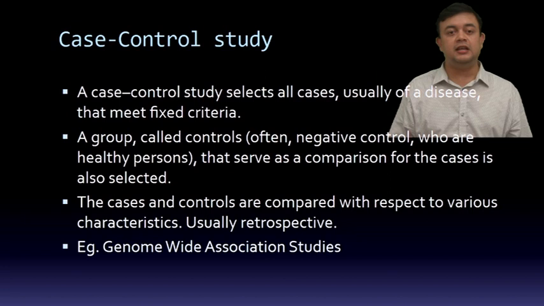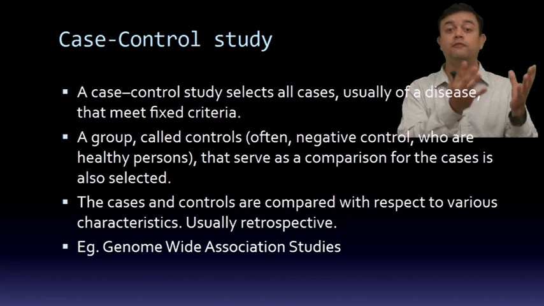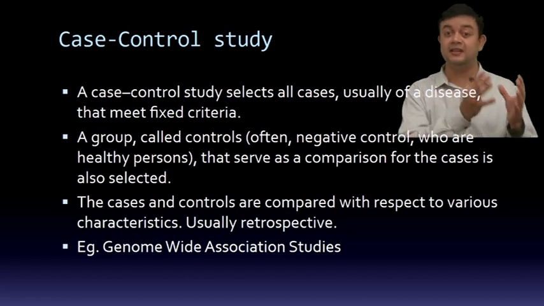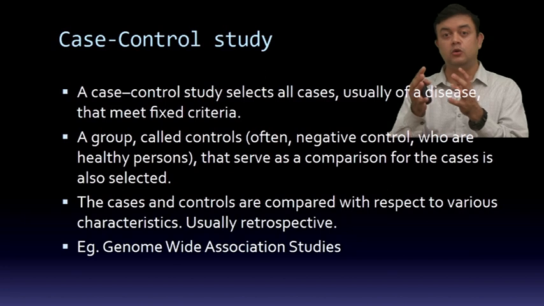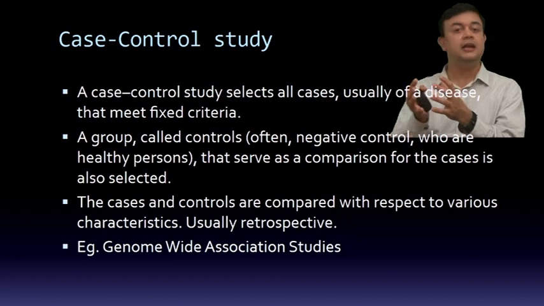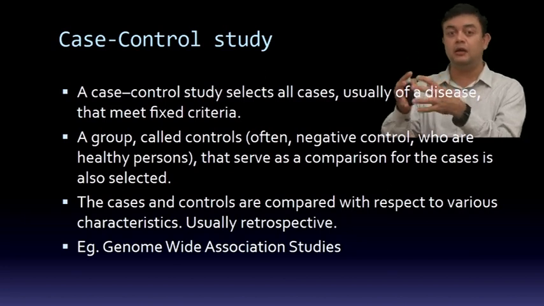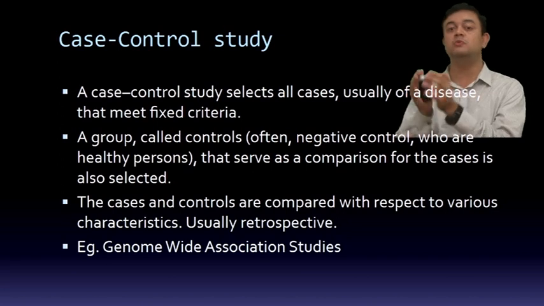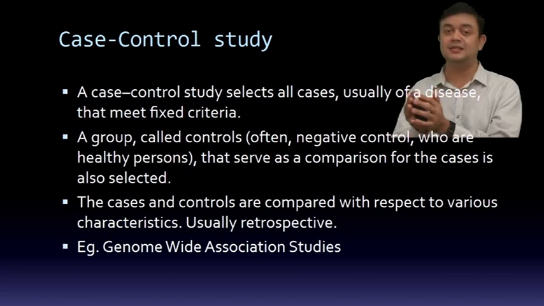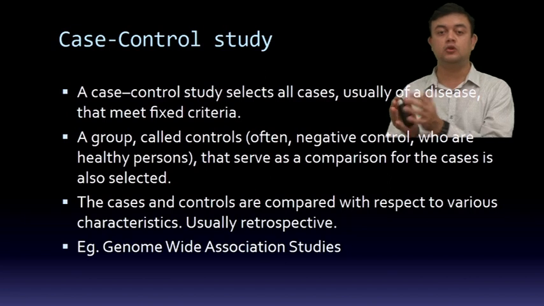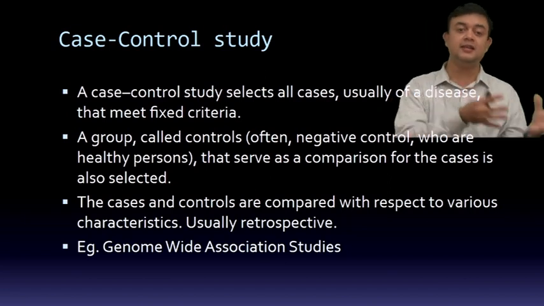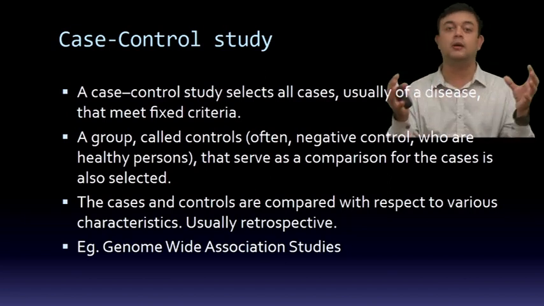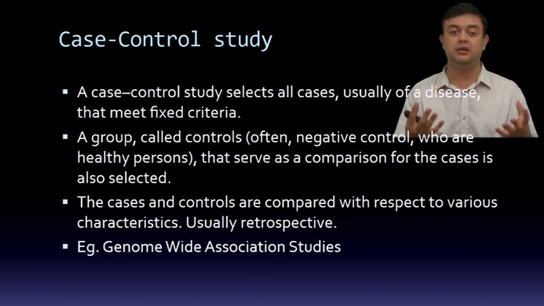Now another kind of study is called case control study. What is that? A case control study collects all cases, usually of a disease, that meet a fixed criteria. And it also includes the control. So the control could be a healthy cohort, the cohorts which do not have that particular disease. So for the comparison, the case and control are compared for different parameters.